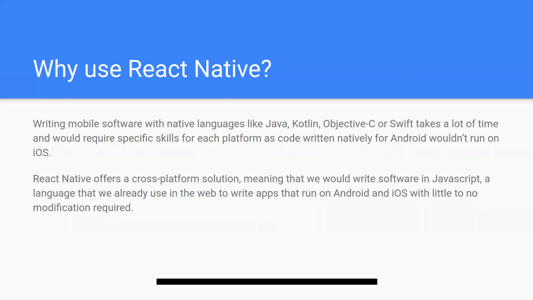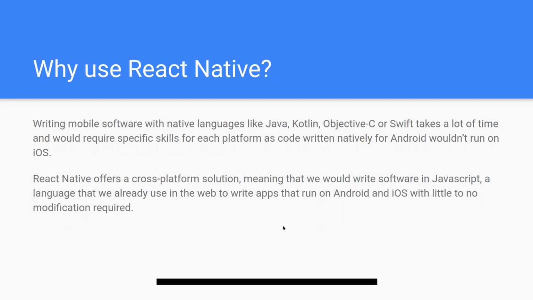For example, we have older cross-platform solutions such as Ionic, which are basically based on web frames, which are not really native software running on the mobile. It's rather running through a web browser that is hidden. But React Native doesn't work like that. It doesn't work through a web browser.